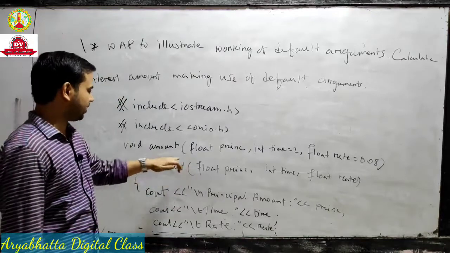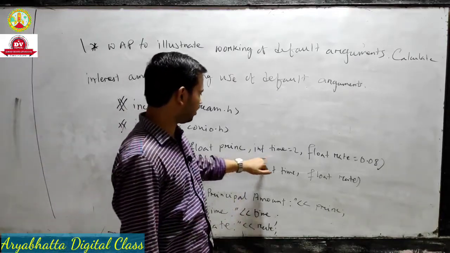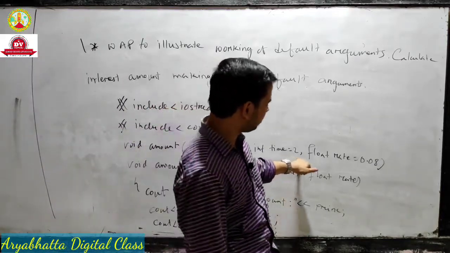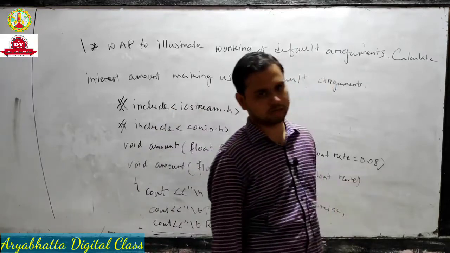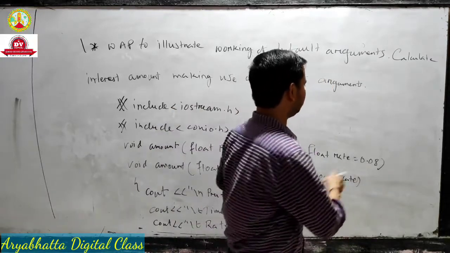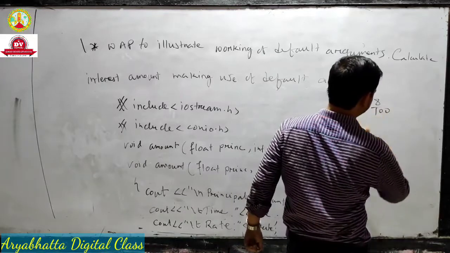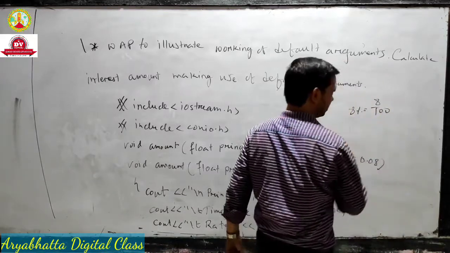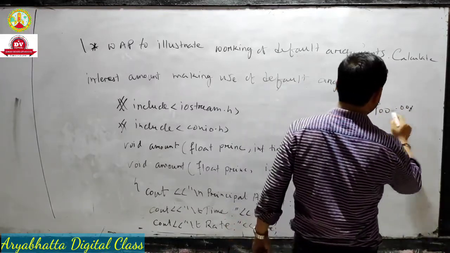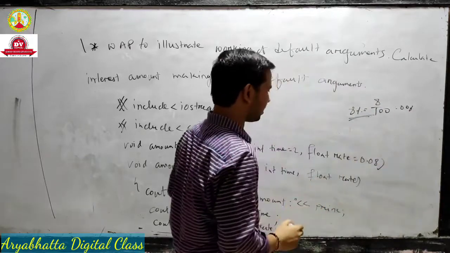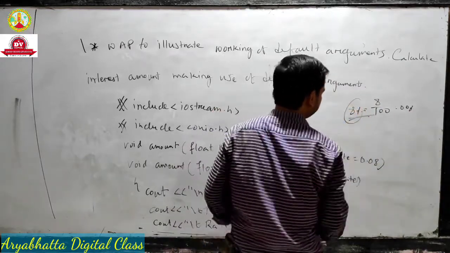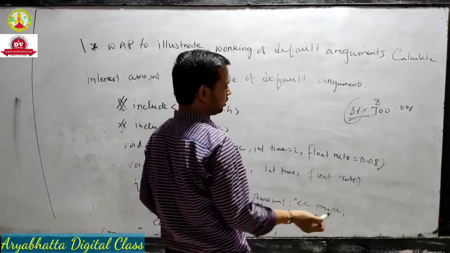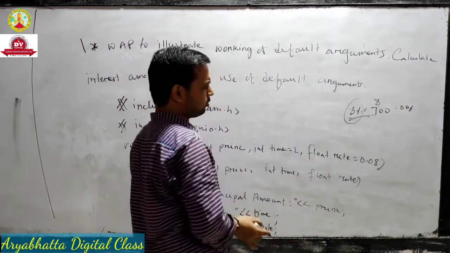Here we define default arguments: float principal, int time we take 2, and rate of interest is 8%. 8% means 8 by 100, which is 0.08, because the compiler doesn't understand 8% directly. We human beings understand it, but the computer does not.